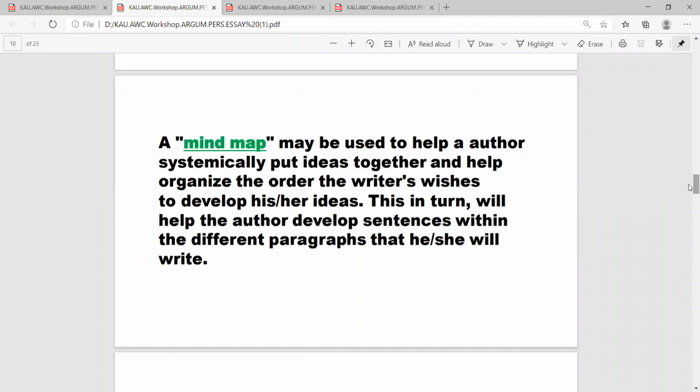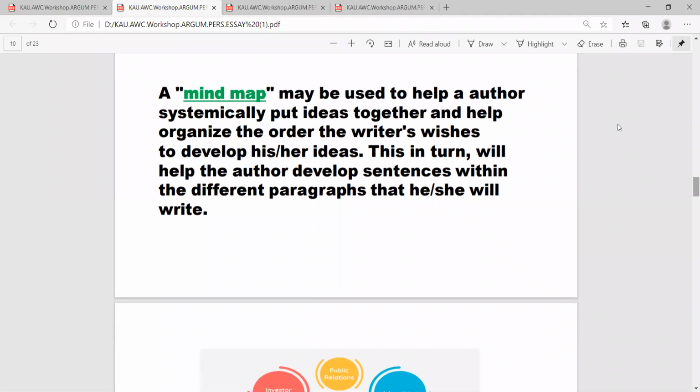How am I going to talk about my position? As I said at the beginning, we'll use the same example, uniforms. I think students in elementary schools and high schools should wear uniforms. Okay. That's my position.